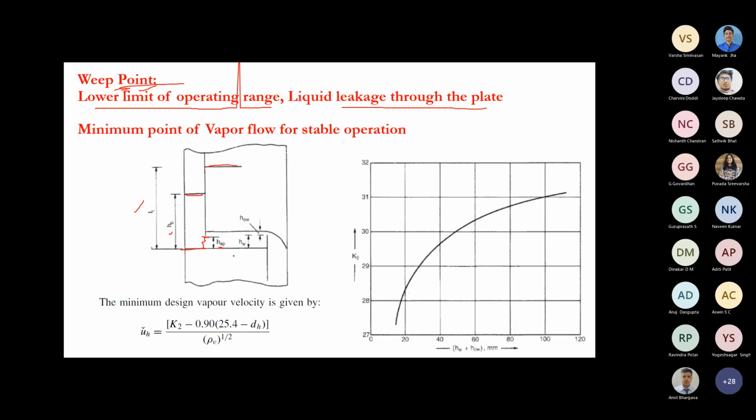This HW is the height of the weir plate. This HOW is nothing but the amount of liquid, the liquid crest over the weir plate. Normally this is the ideal case. It will not be like this. If this is liquid backup in the downcomer, normally the liquid will flow like this.